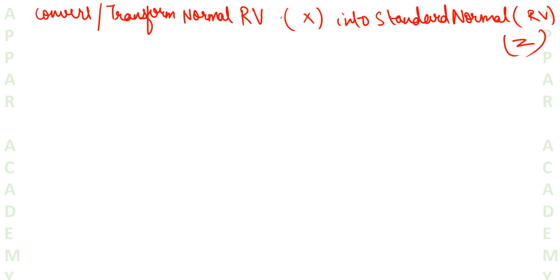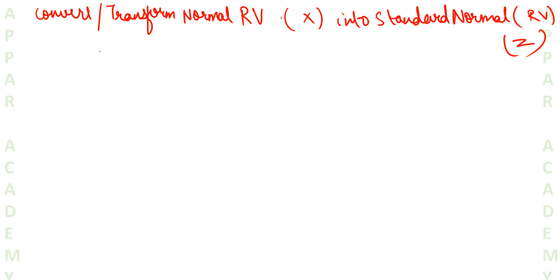So what we are doing is we'll simply transform our normal random variable to a standard normal random variable. And once this x has been transformed to z, we can easily use the same table as that of the standard normal random variable, right? So how will we do this?